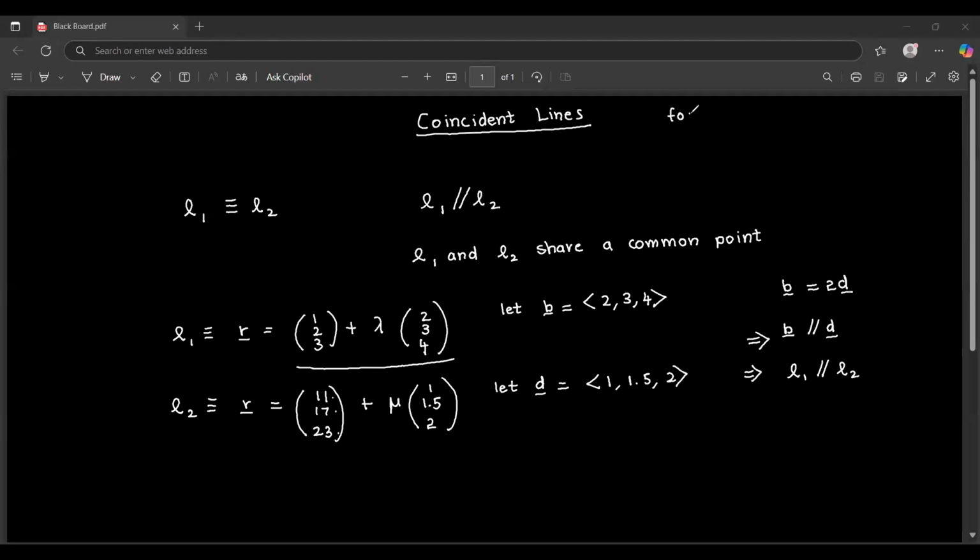So for L1, I have to prove if 1 plus 2 lambda is equal to 11, and 2 plus 3 lambda is equal to 17, and 3 plus 4 lambda is equal to 23. Let's name these equations 1, 2, and 3. So first of all, let's say 11 is equal to 1 plus 2 lambda. I'm jumping here and there.